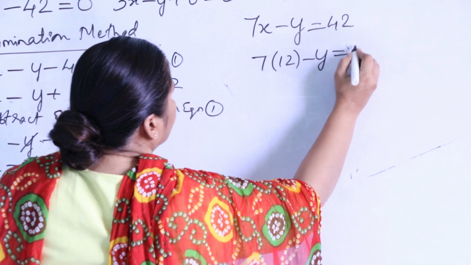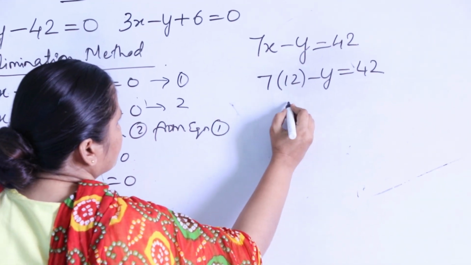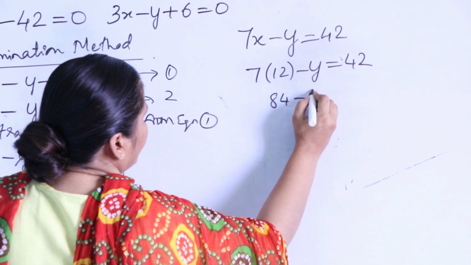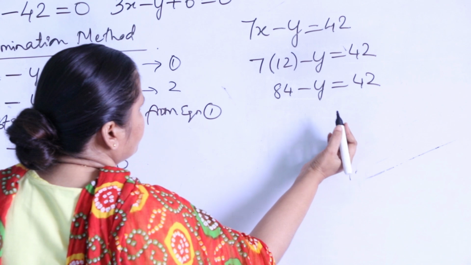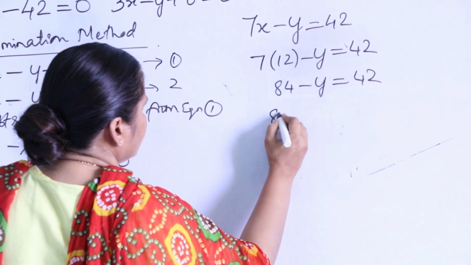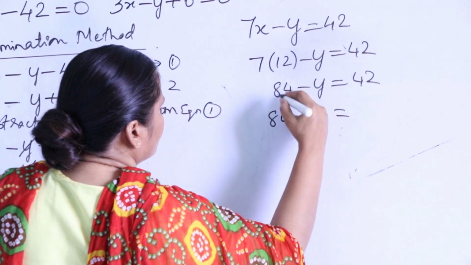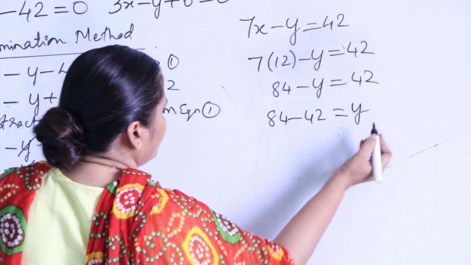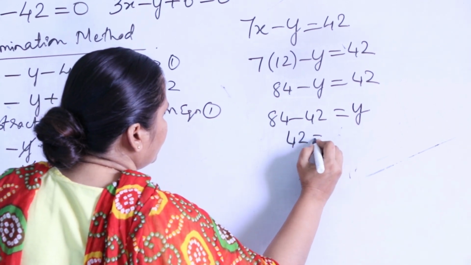Minus y equals 42. So what is this? 84 minus y equals 42. So we'll transpose this: 84 minus 42 equals y, minus y will become plus y. So 84 minus 42 is 42.